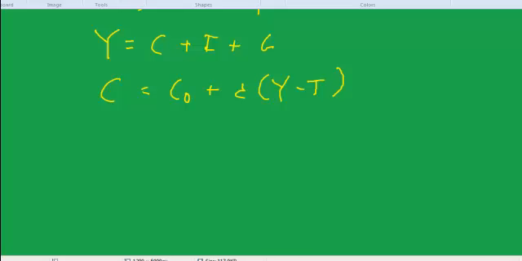As before, our strategy for solving this will be to plug the equation for consumption into this equation.